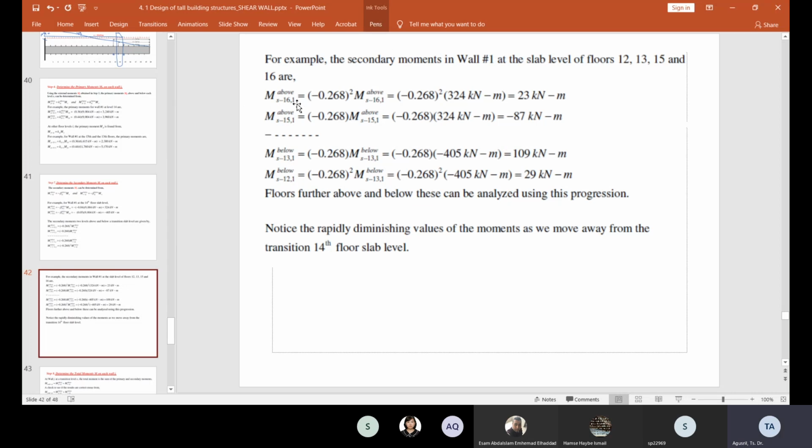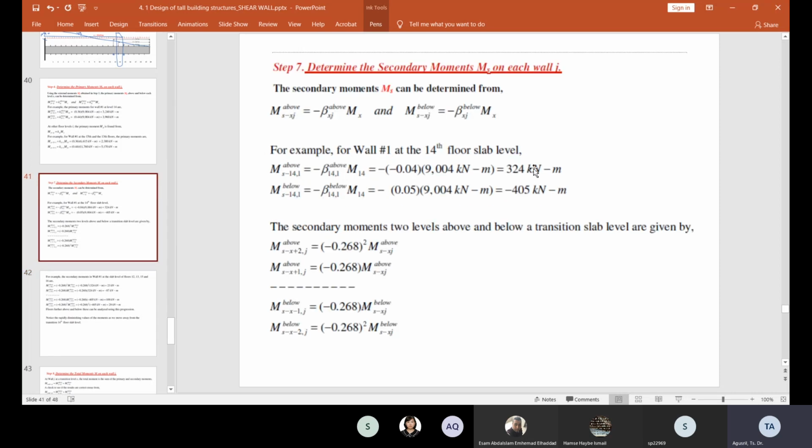So for example, for level 16, we have the moment above. The above is this one, and then this below. This above will distribute to level 15 and 16, and the below will be distributed to level 13 and 12.